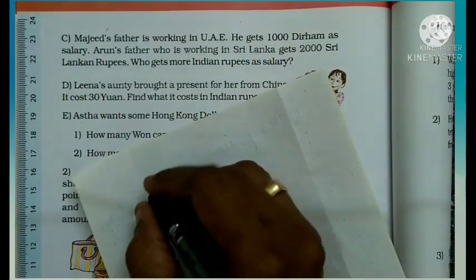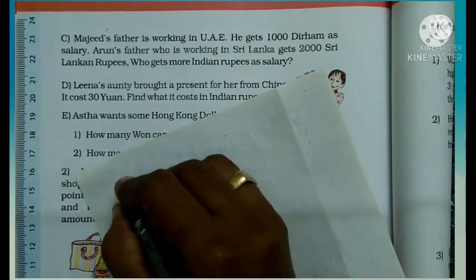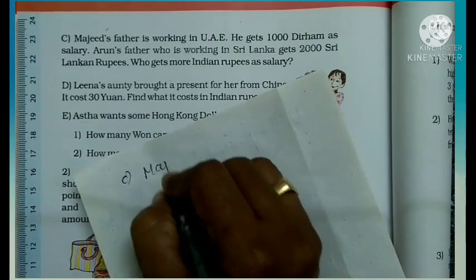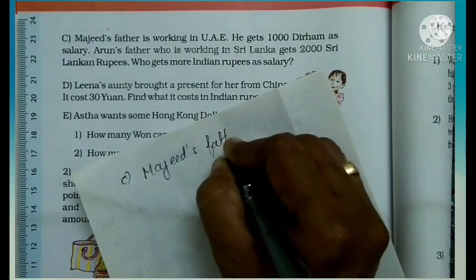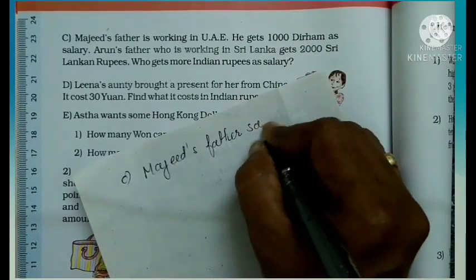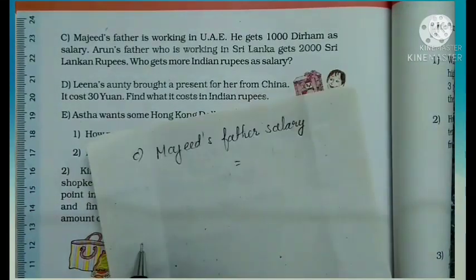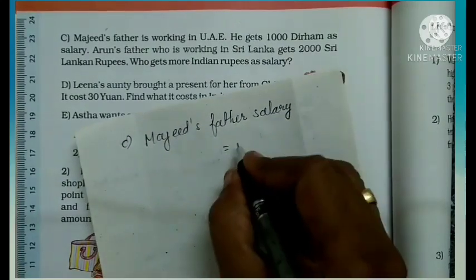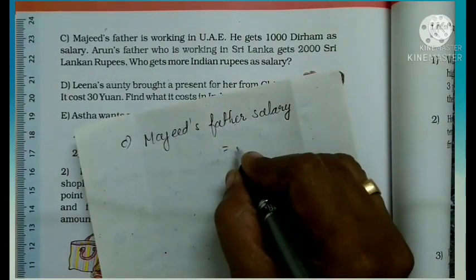First step. See, Majid's father's salary equal to how much amount? Yes. How much amount? 1,000 dirhams.